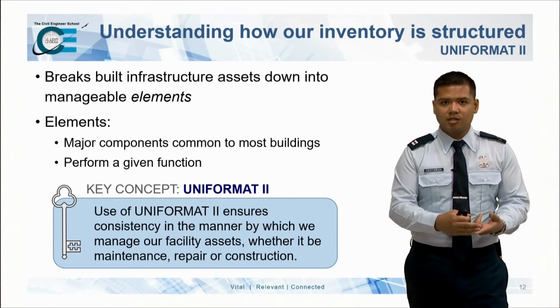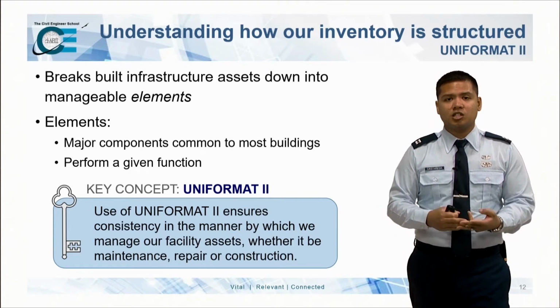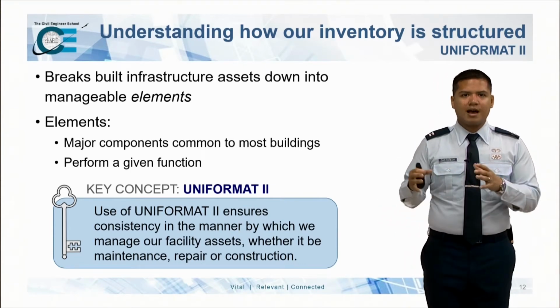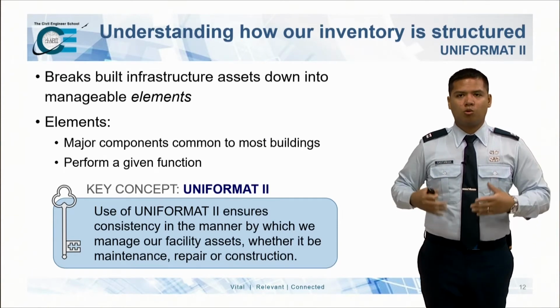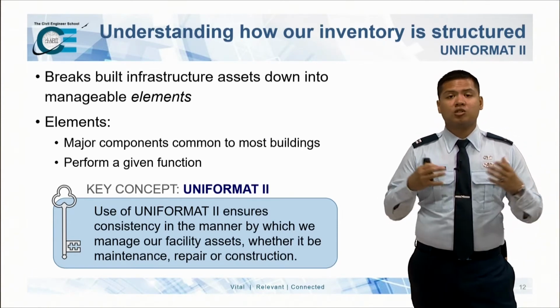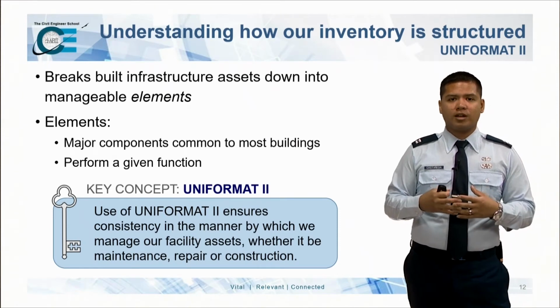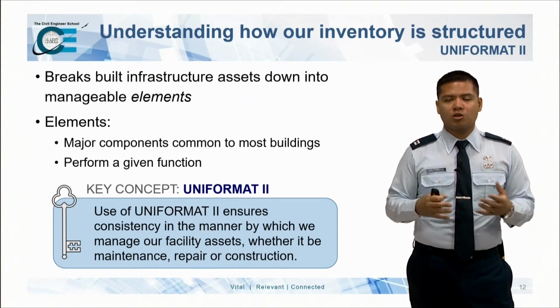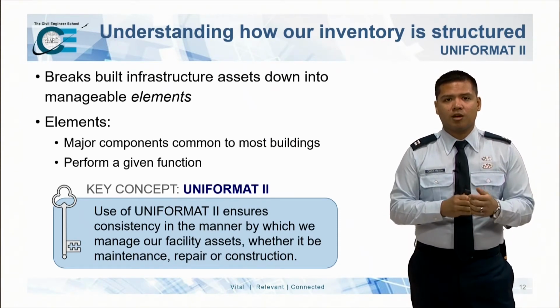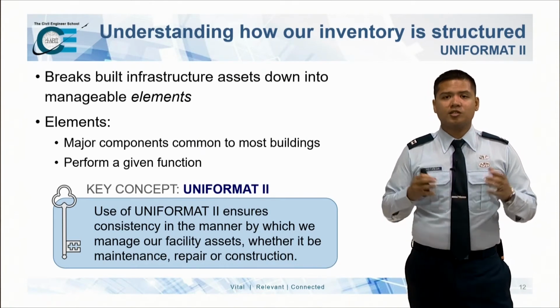So we're going to talk about systems, components, and sections as an Air Force adaptation to the Uniformat 2 structure. Uniformat 2 is used in industry. These work breakdown structures are used all over the world. It's not specific just to the Air Force, okay? So here's the key concept.